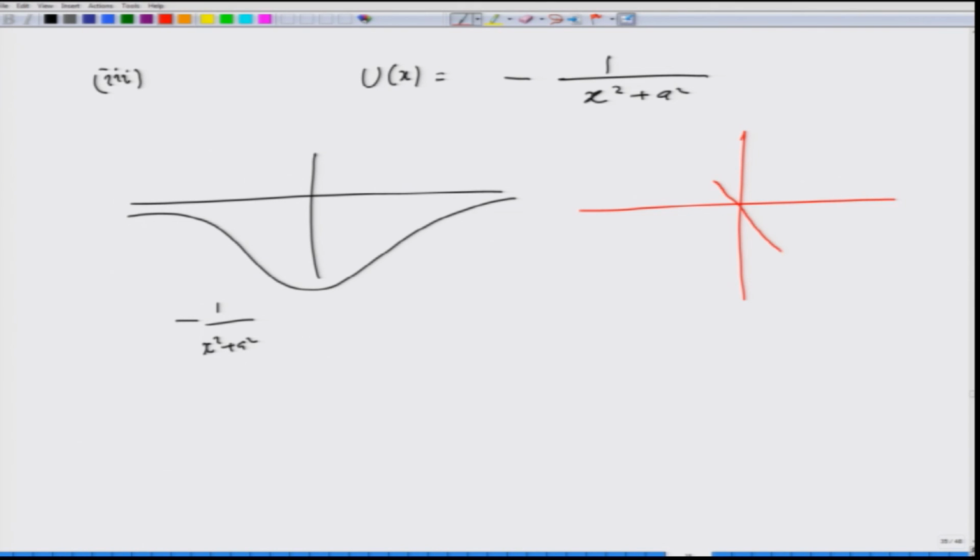So, it will be negative on the right side and positive on the left side. You can see that now the potential energy has a minimum at x equals 0, and therefore a particle with small enough energy will be confined here. If it goes to the left, it will be pushed to the right, which is shown by positive force here, and if it is to the right, it will be pushed to the left, which is shown by negative force on this side.